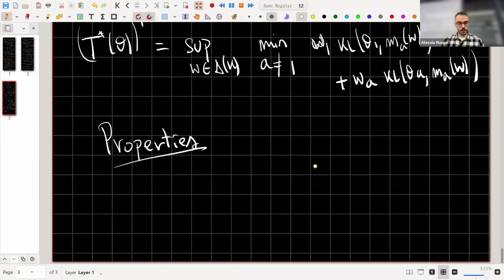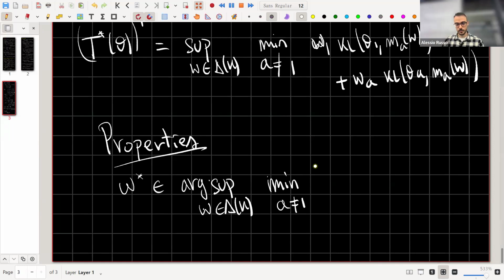If we denote by W star an optimal solution, then the solution is unique.